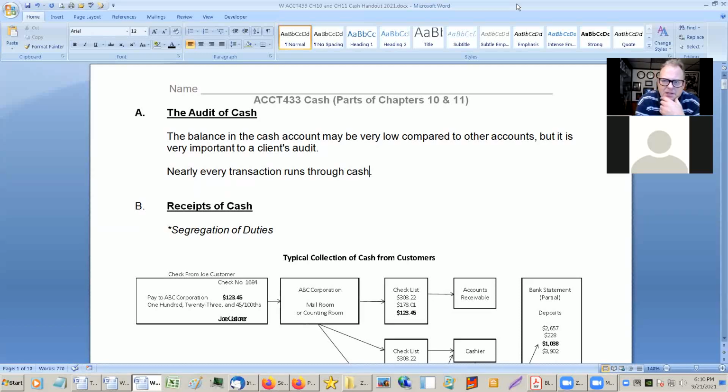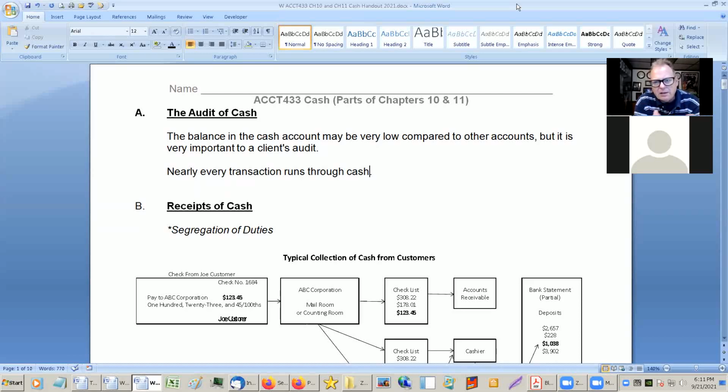Even if they traded land for merchandise, the merchandise was going to run through cash at some point, through accounts payable, or maybe they paid cash for it in the first place. So almost everything runs through cash at some point.